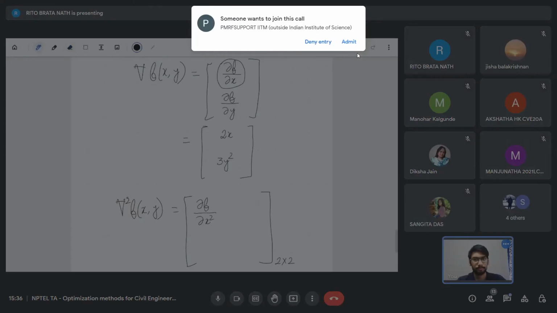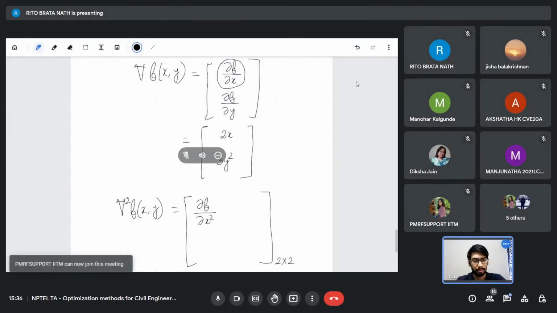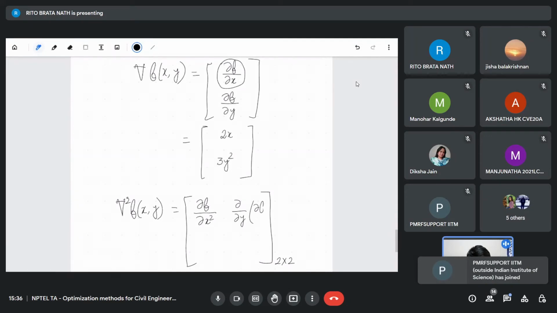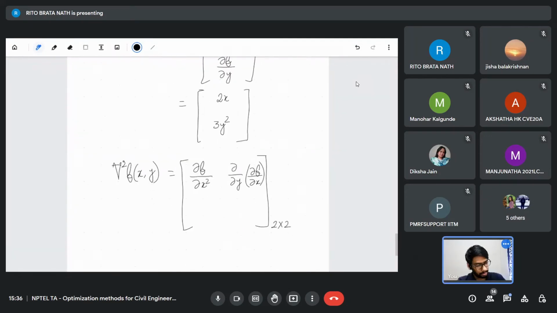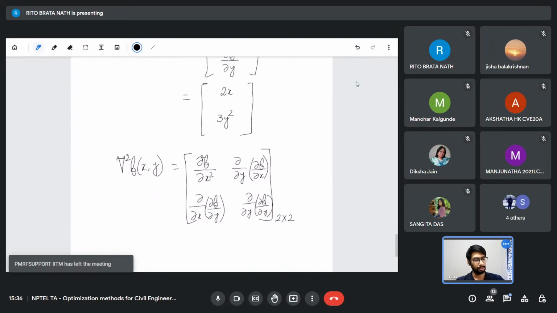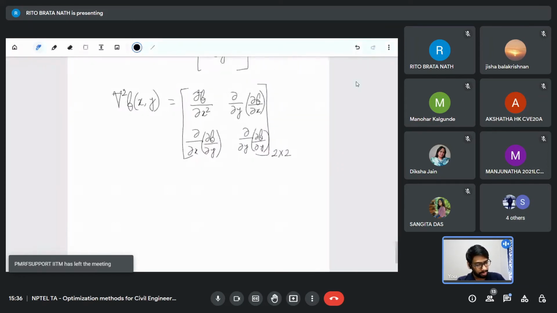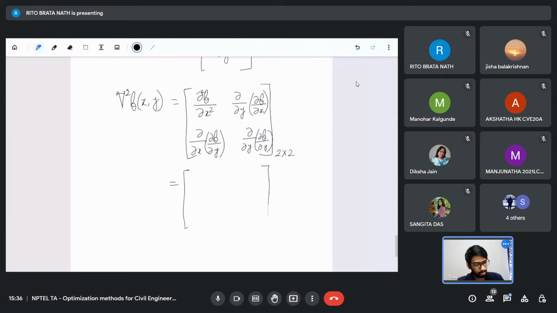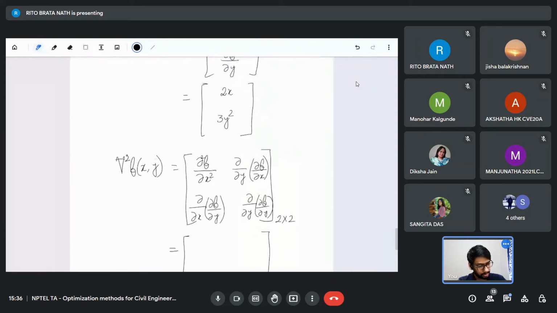But yeah, so what you do is you take it as something like this, and this lower portion again you do the same kind of thing, and this will be your del f of del y. I think this should be del 2f anyway. I have written it correctly now. So now our function was, so our gradient was this.